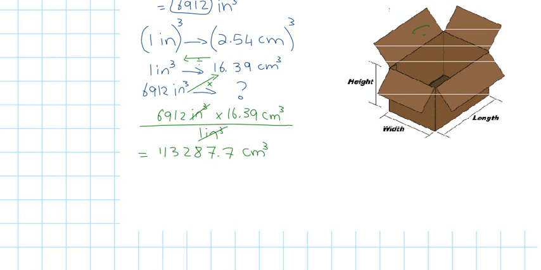Now, if I want to find it in liters, I know that every 1 liter is equal to how many centimeter cube? 1,000. Are we okay up to this point? Now I can take the new conversion, 1 liter is equal to 1,000 centimeter cube. Because I have the answer in centimeter cube, I put it under the centimeter cube.